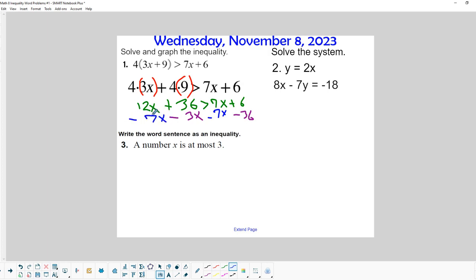When we do all of that work, we end up with 12x minus 7x, which is 5x. We've got to get a little more space here. It's going to end up as 5x.